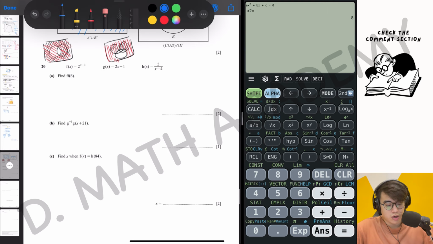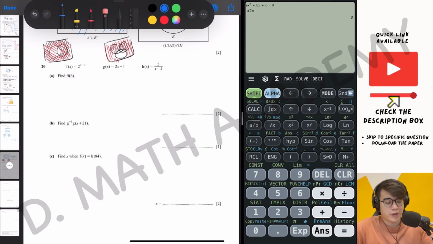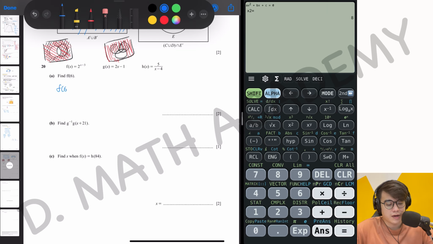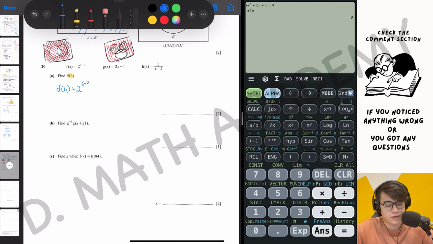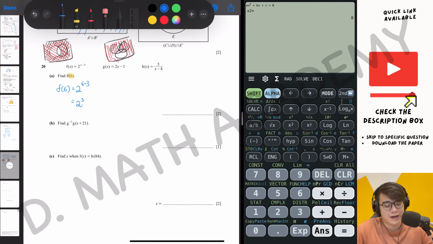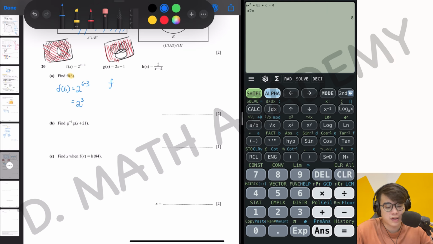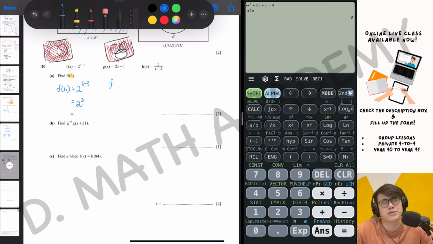Moving on to question 20a. I will actually do the function that was inside first. f(6) means 2 to the power of 6 minus 3. That would get us 2 to the power of 3. And then repeat the same thing again. Now 2 to the power of 3 is 2 times 2, 4, it will be 8.